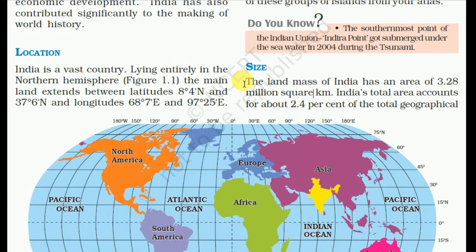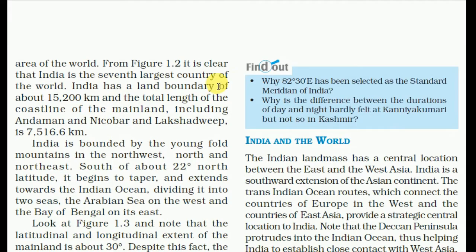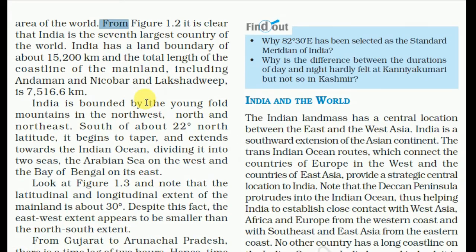Size. The landmass of India has an area of 3.28 million square kilometer, or you can say about 32,80,000 square kilometer. India's total area accounts for about 2.4% of the total geographical area of the world.